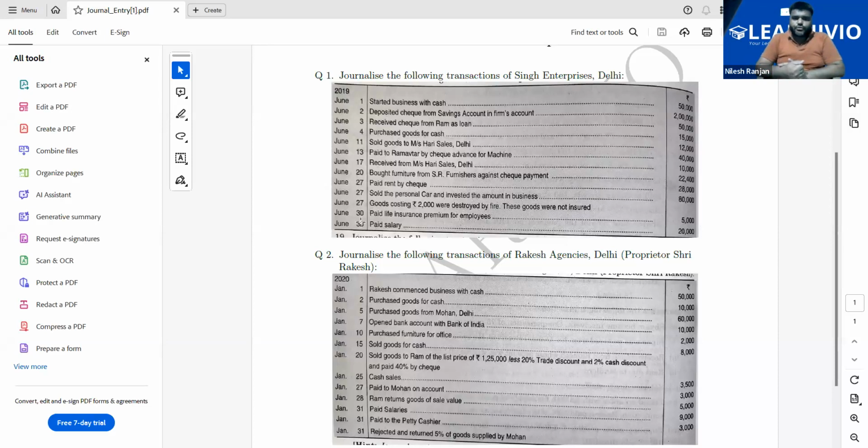Question number 1, 2. Started business with cash, deposited check from saving account in firm's account. These are difficult ones.